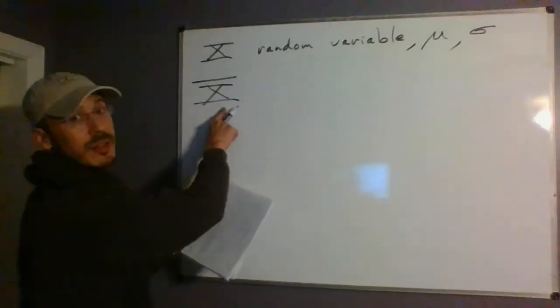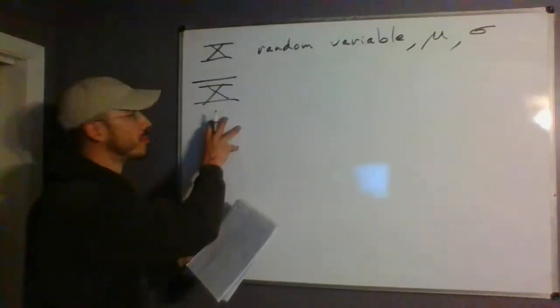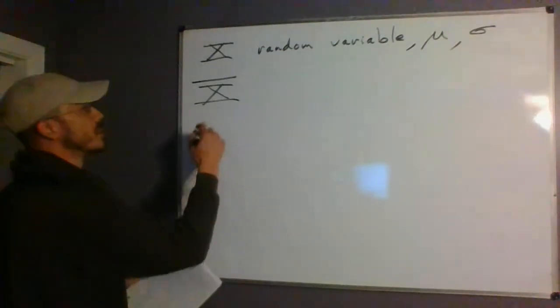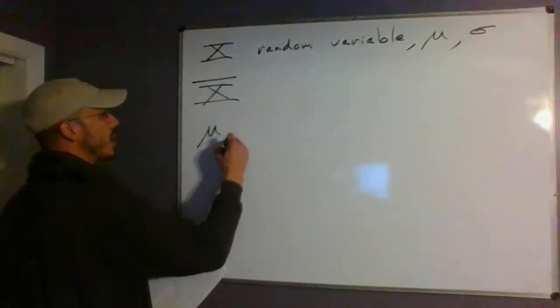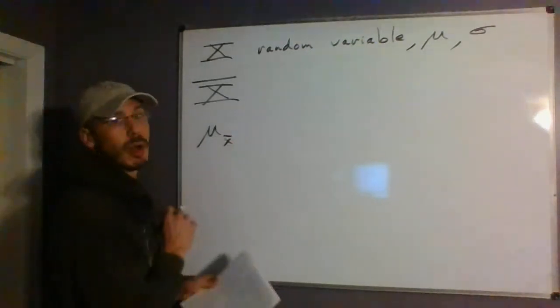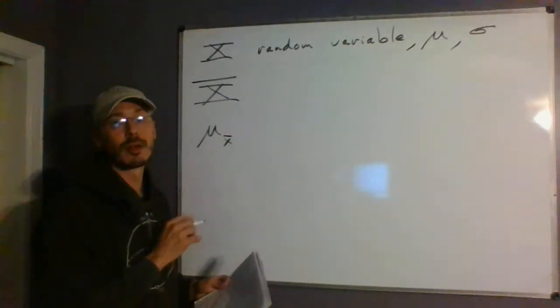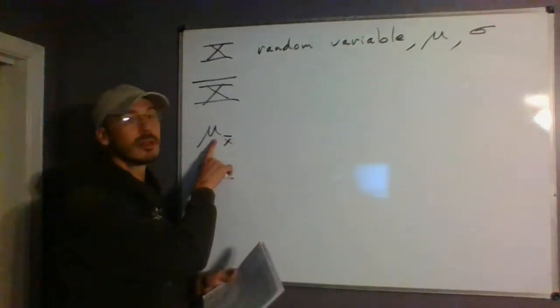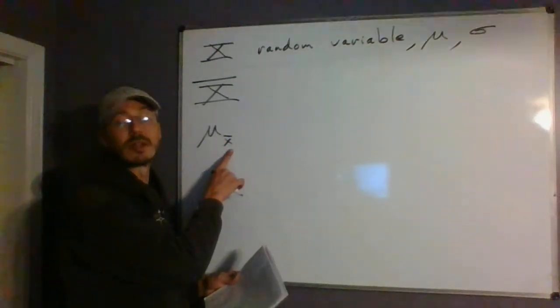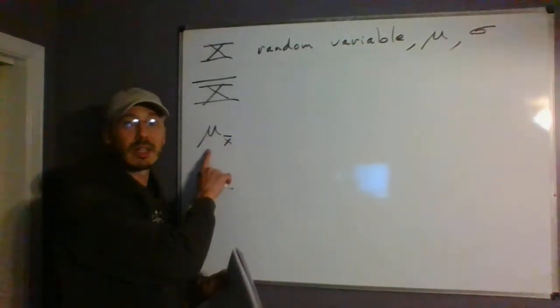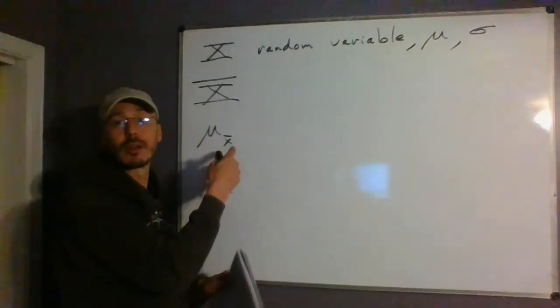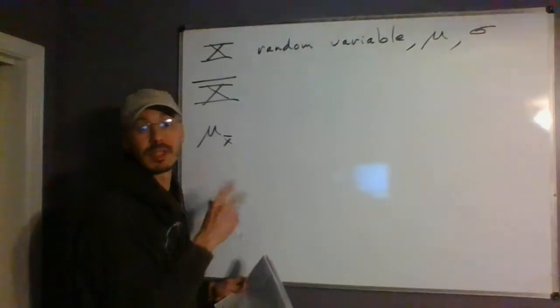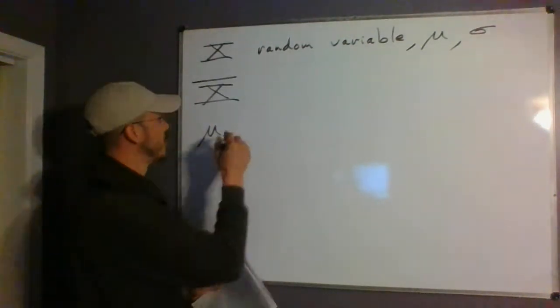I'm going to come back to this one with our normal distribution notation, but the new things are mu x bar. This is the mean of the sample means. That does seem a little convoluted. We're taking an average for each sample, and then we're averaging all of those averages. It's only 2 layers complicated, so it could be worse.